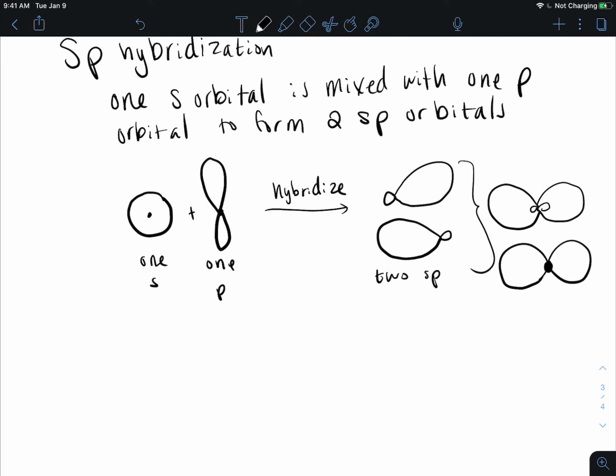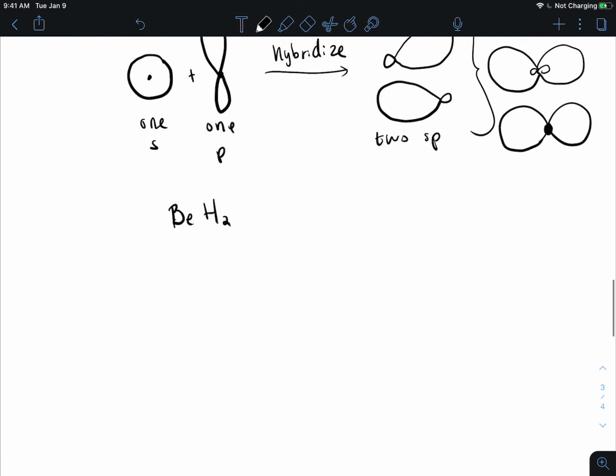We see this in BeH2. Here is our Be atom, and then our hydrogen atom. In this, here are our two sp orbitals overlapping.